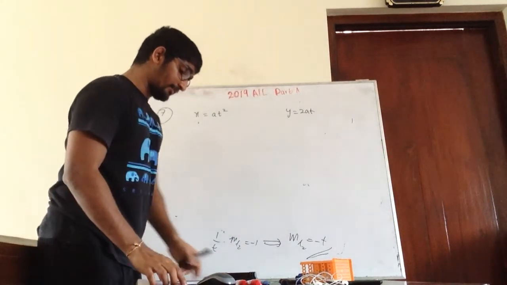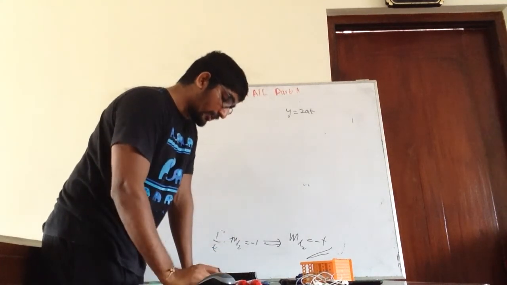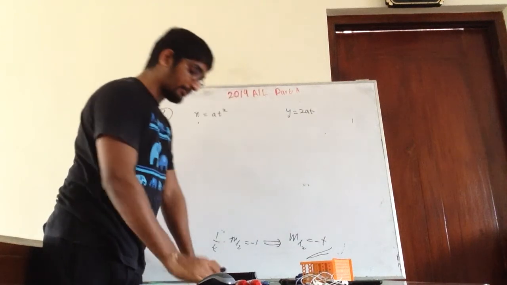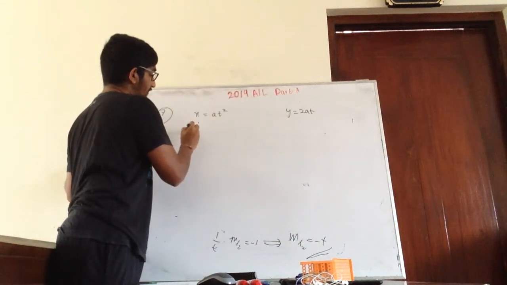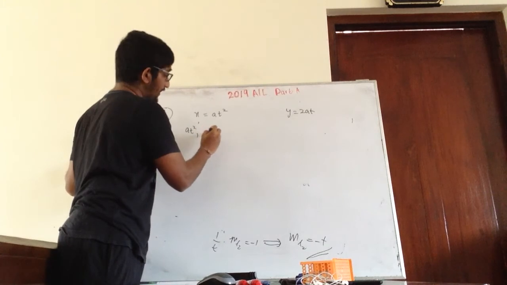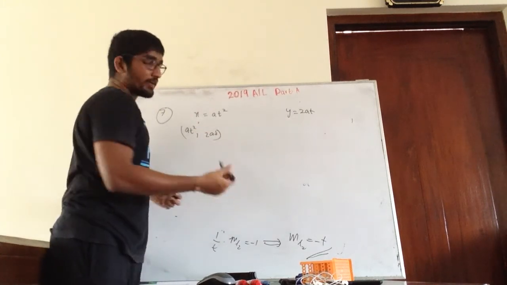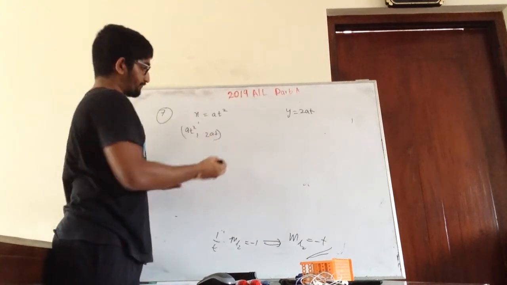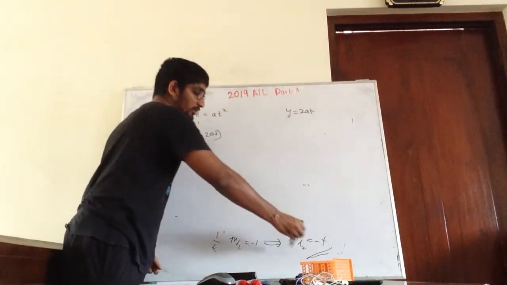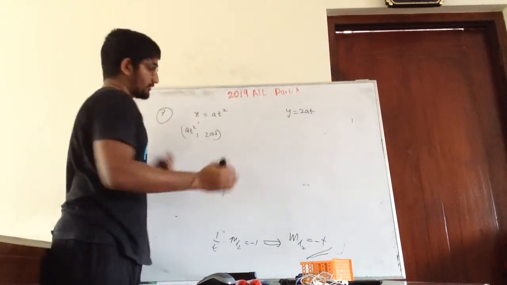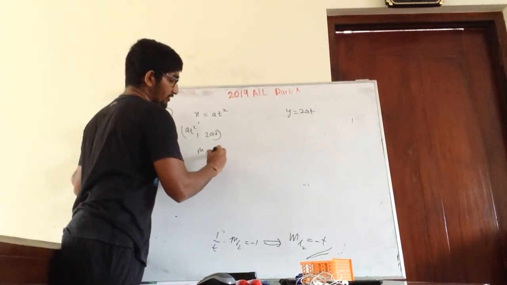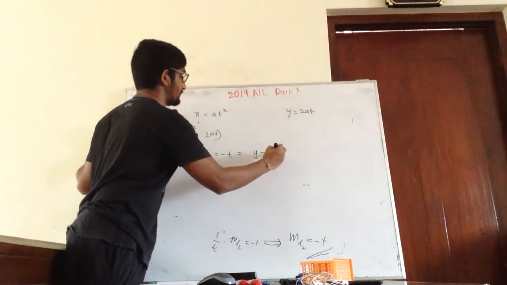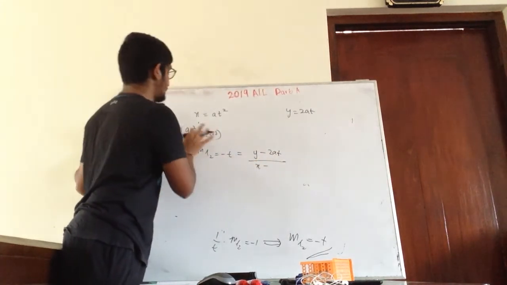So then they are saying show the equation of the normal line to the parabola C at the point (at squared, 2at). So I'm going to write the gradient in two ways. m L2 is minus t, so this can be written as y minus y value over x minus x value.